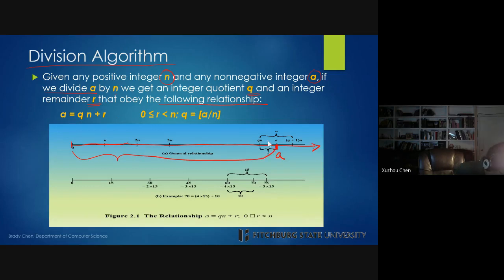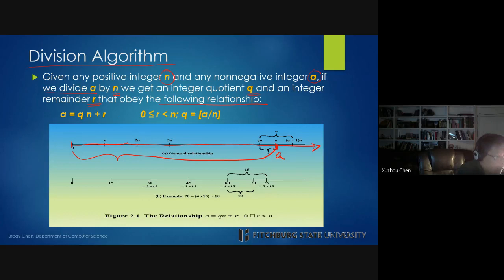Now, if we divide a by n, think about this. A is the length, for example a sticker of certain length. Now we want to divide that sticker into smaller fragments, where each fragment size is n.